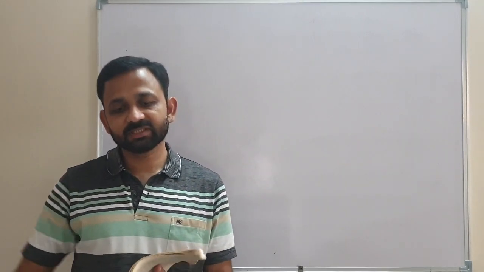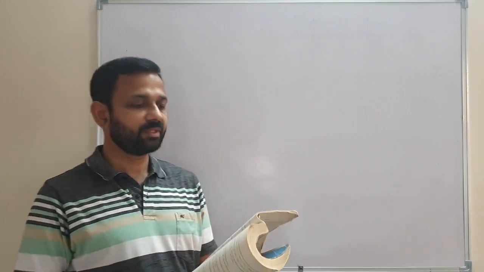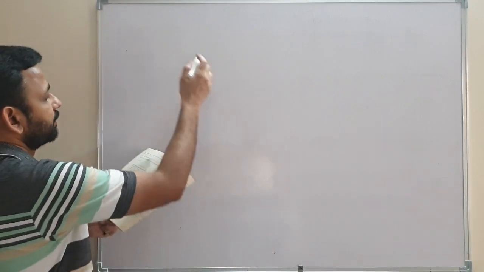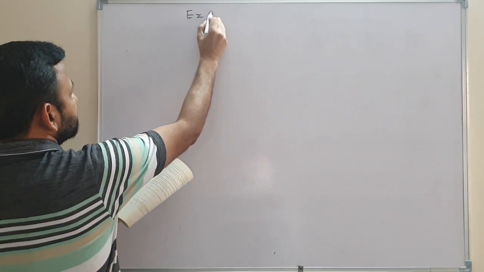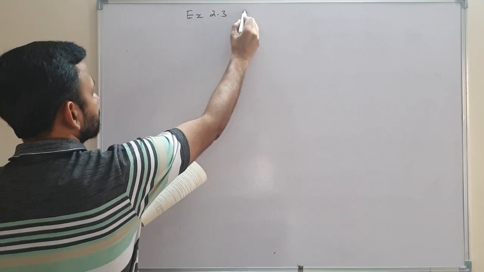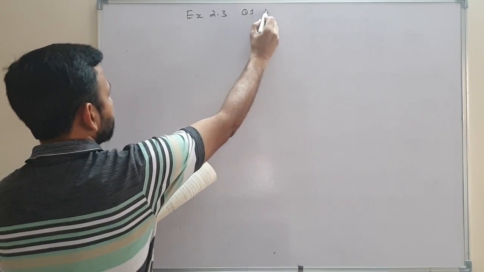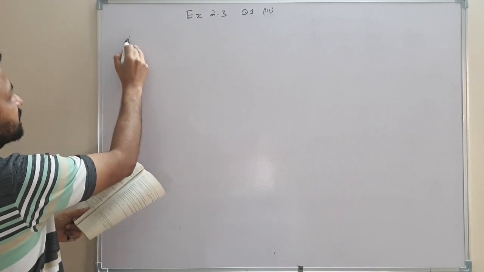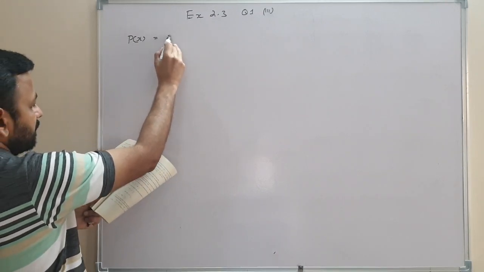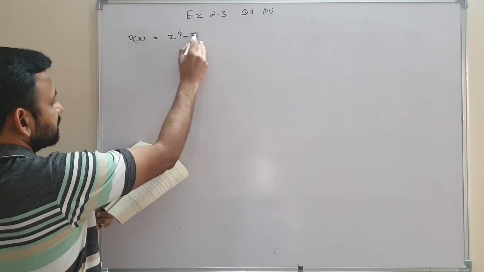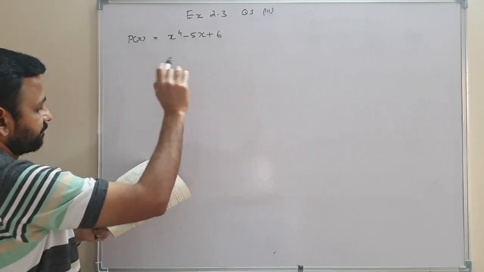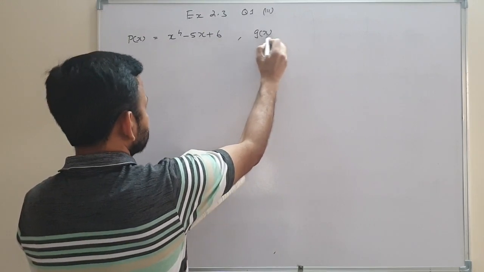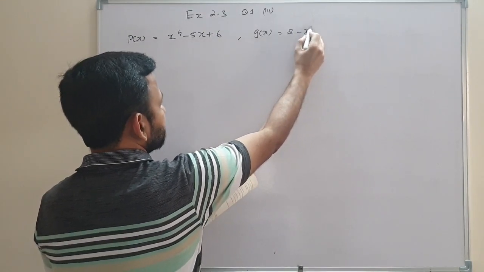We are going to do exercise 2.3, question number 1, third part. Here in this question, p(x) is x raised to 4 minus 5x plus 6, and g(x) is equal to 2 minus x square.